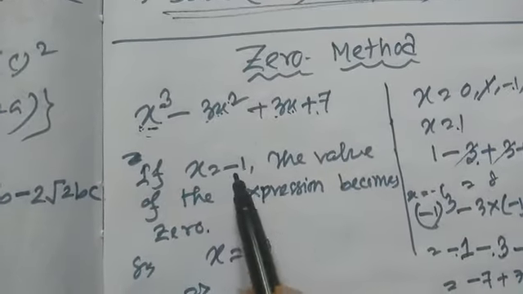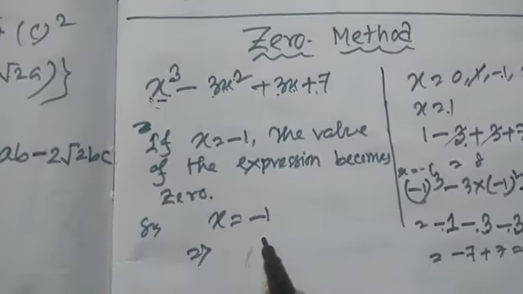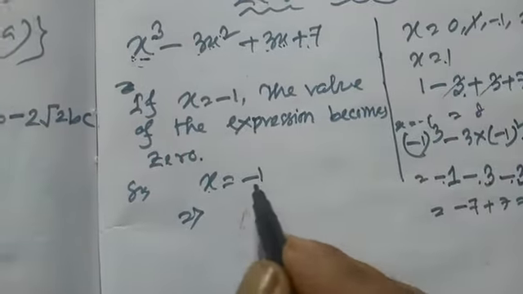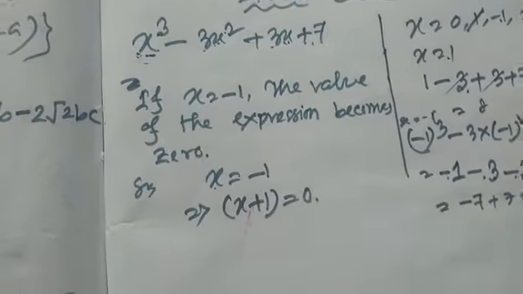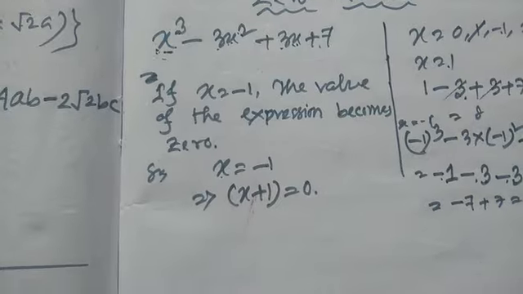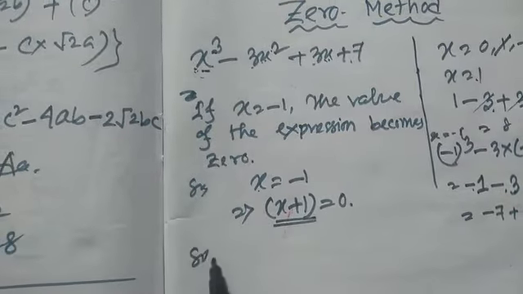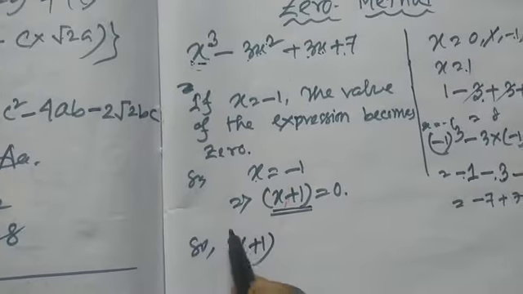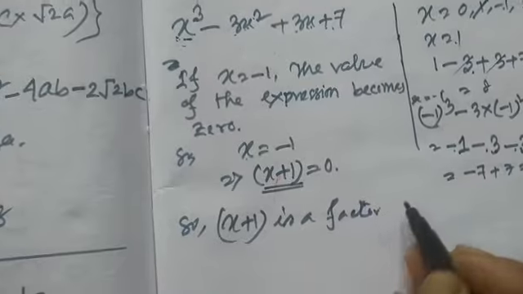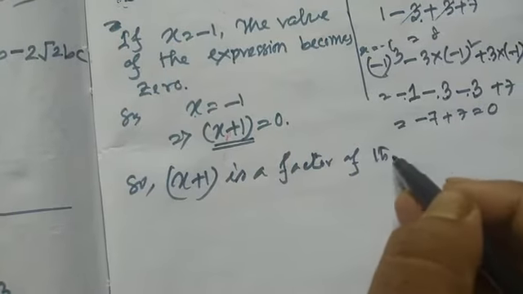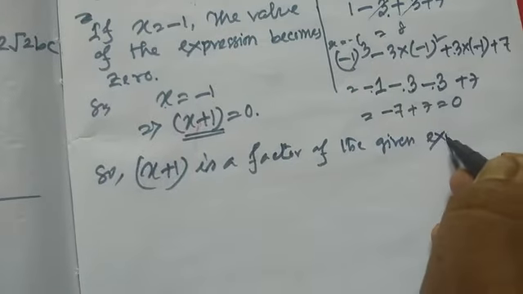So let us write, if x equals to minus 1, the value of the expression becomes 0. So x equals to minus 1, bring minus 1 this side, x plus 1 equals to 0. By factor theorem we know, x plus 1 is a factor of the given expression.